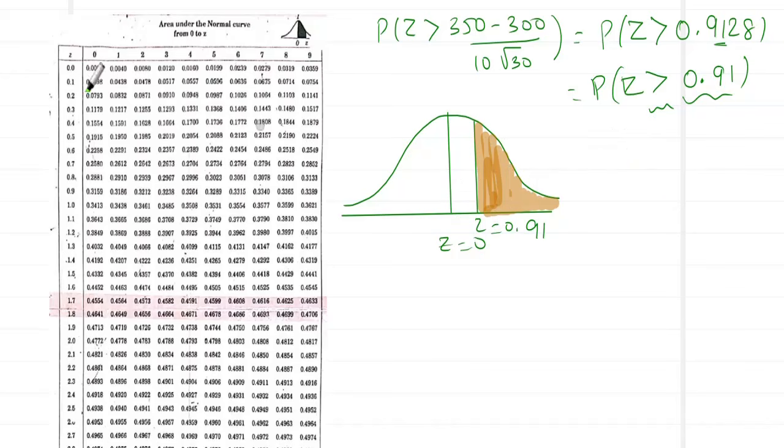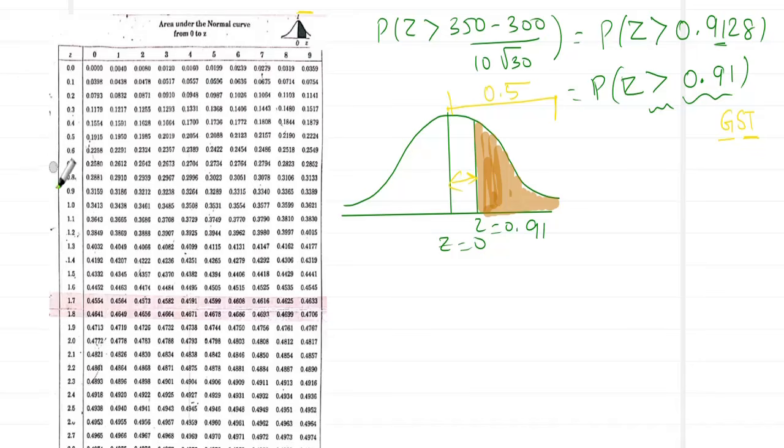Now how to estimate this portion? We know that whenever we have a greater than symbol, remember the code word GST. Greater means subtract. Subtract from where? What do you know about half the area of this chart? It is going to be 0.5. The table can read only from the center line. So from the center line to 0.91, find out the table value.